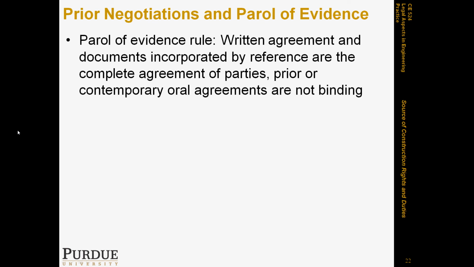So the parol evidence rule states that a written agreement and all the documents that are included in a document by reference are the complete agreement of the parties. So this is what we ended up agreeing upon. Anything that we discussed before or during the creation of this document, they could be oral agreements, they are not really binding.